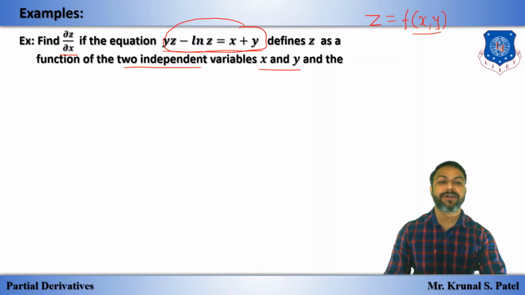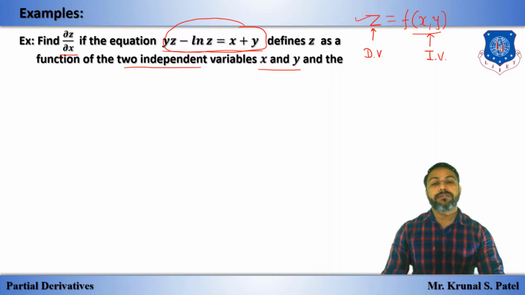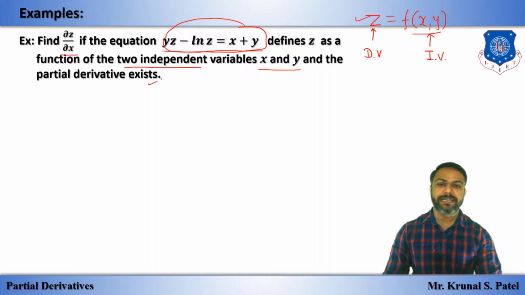That means x and y are independent variables and z is the dependent variable, which depends on x and y. So here there are only two variables x and y, and z is our function, and partial derivatives exist, it is mentioned.